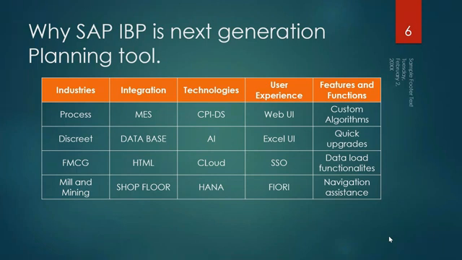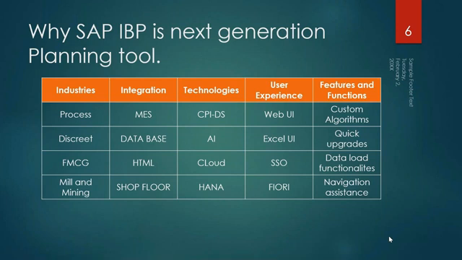And speaking about the integration capabilities, as I was mentioning, SAP IBP is a cloud-based technology adopted planning tool. It has very huge integration capabilities. So what are the different technologies it has? In the context of technologies, we have something called CPI-DS, which stands for Cloud Platform Integration Data Services. It's a complete platform which has different offerings made available for SAP IBP, which is cloud based.